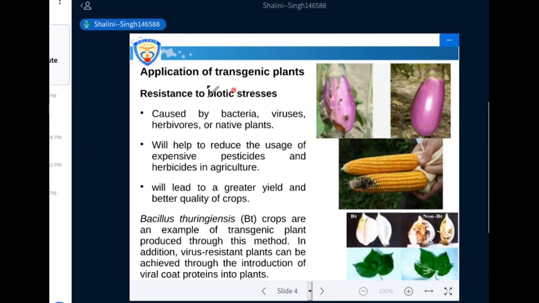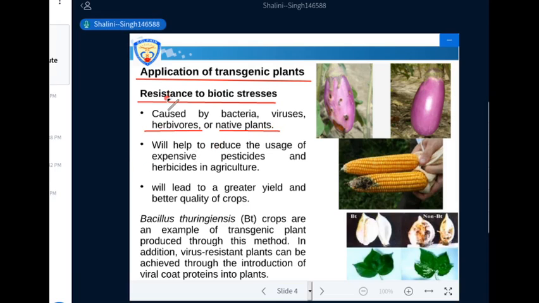There are several applications of transgenic plants in agriculture. First is resistance to biotic stresses. Biotic stresses are caused to the plants by infection of bacteria, viruses, by grazing of herbivores, or by some weed plants which grow in the fields.